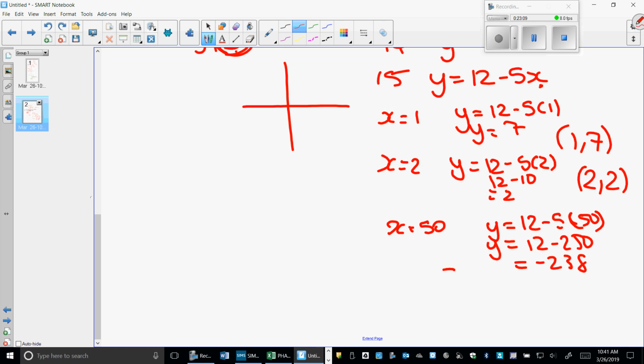So my coordinate would be 50, -238. To find a coordinate, you are substituting any value of x that you wish into the rule. As I said, you could all have had completely different answers.